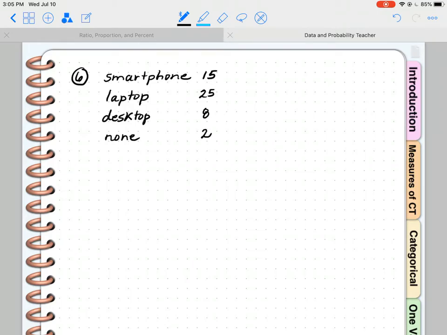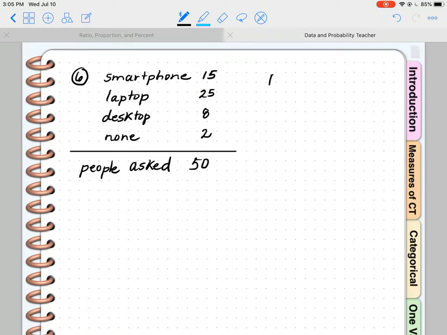So the first thing I want to make sure of is that adds up to 50. And it does. So there are 50 people that we surveyed, that we asked. Okay.